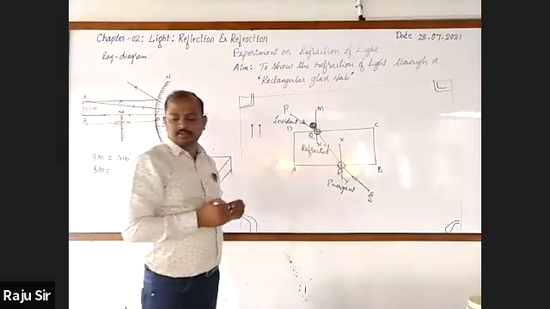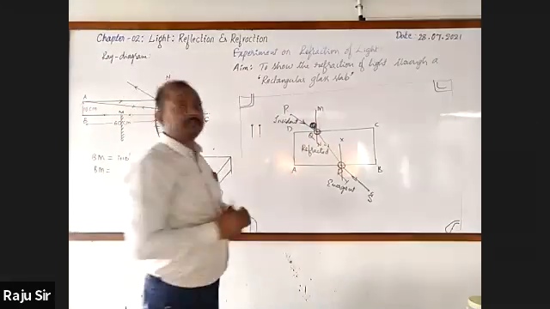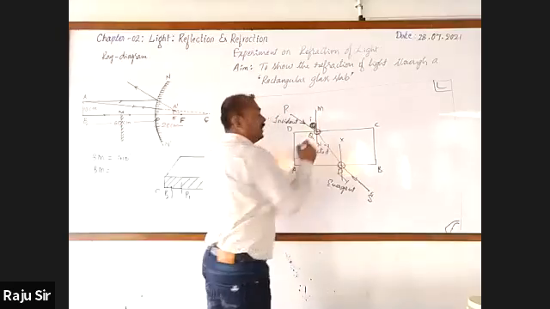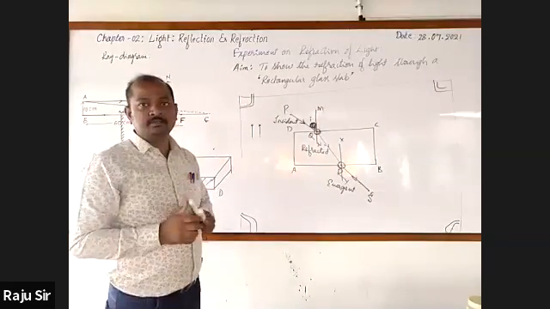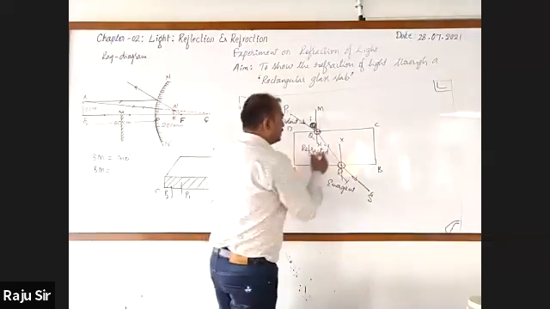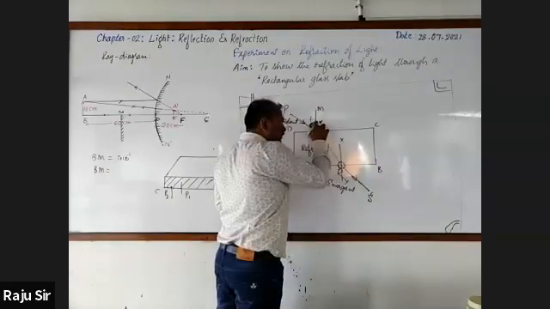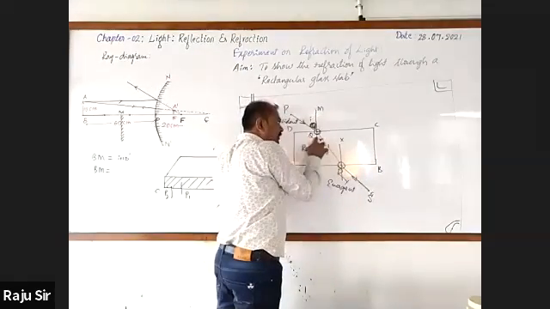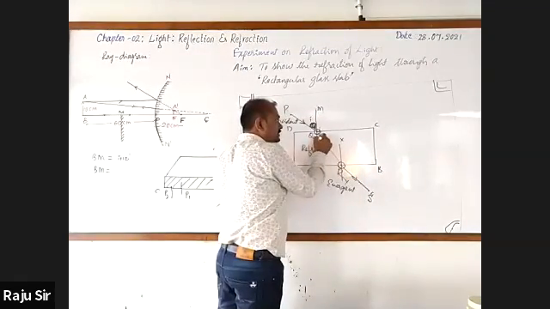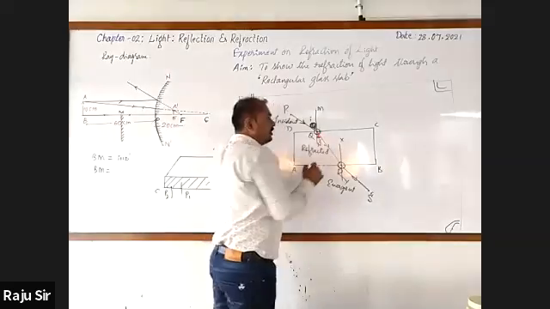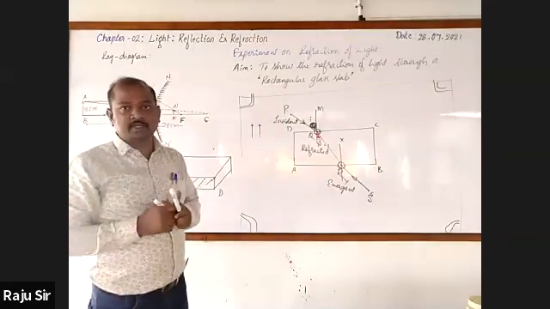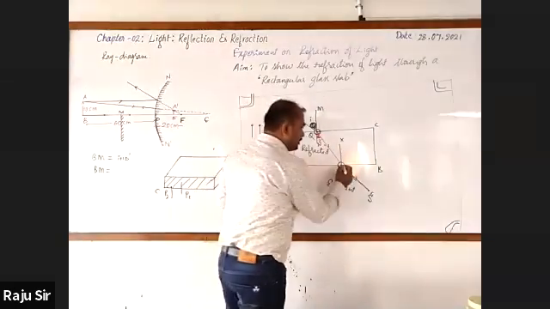What is it called? Angle of incidence. Then another angle is formed by the refracted ray and the normal drawn at the point of incidence. It is called the angle of refraction.